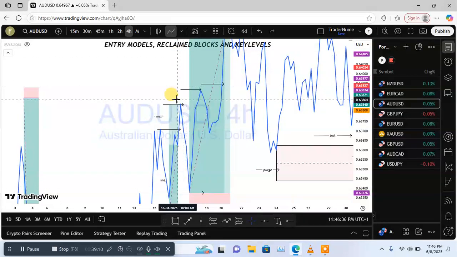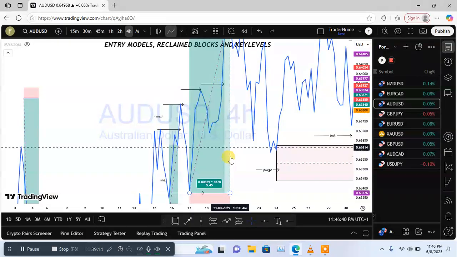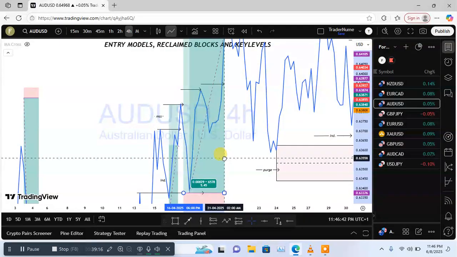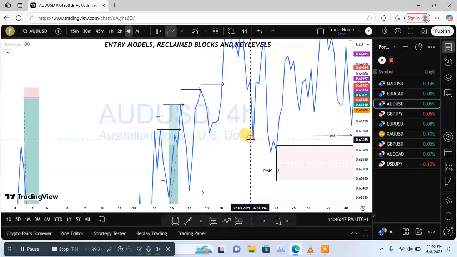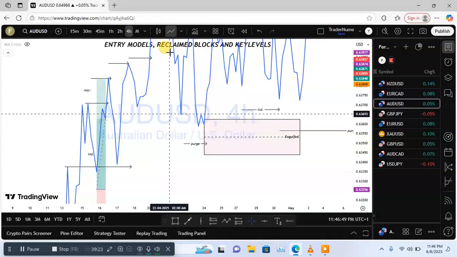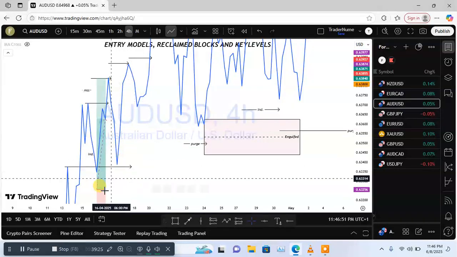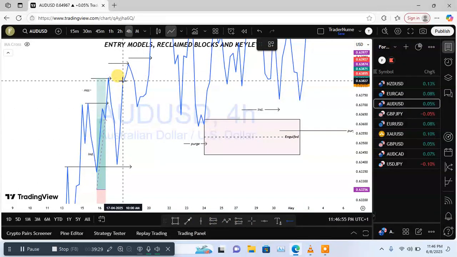I taught you about discount zone after break of structure, but key levels can also be used on 4 hours. So just switch your chart to line chart and start marking out your key levels after every break of structure.